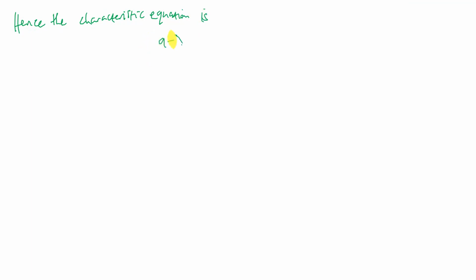So it's 9 minus lambda from the previous page, but we have lambda plus 4, and we have lambda minus 3, equals 0. So here we have that lambda is 9, minus 4, lambda is 3.